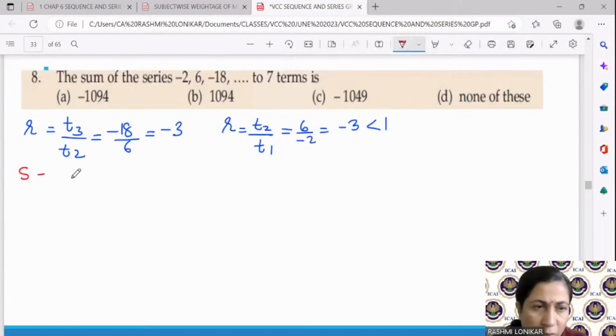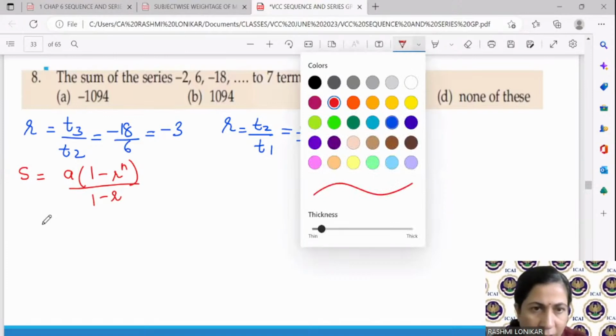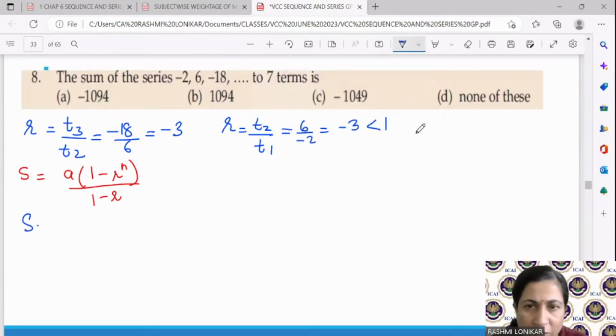S is equal to A into 1 minus R raised to N upon 1 minus R. Okay, so what is the value? What is the value of A? A is equal to minus 2. So minus 2, 1 minus R, R is how much?